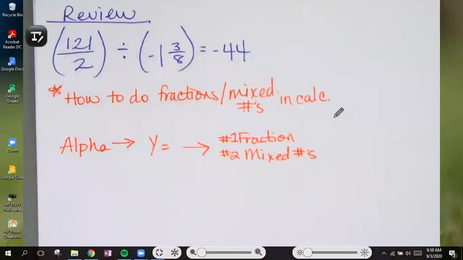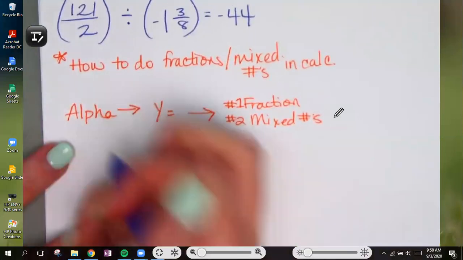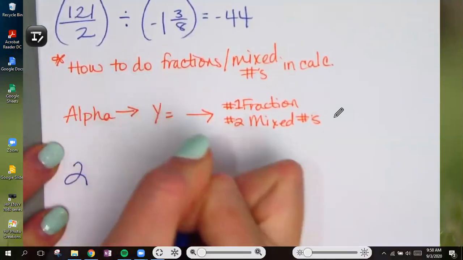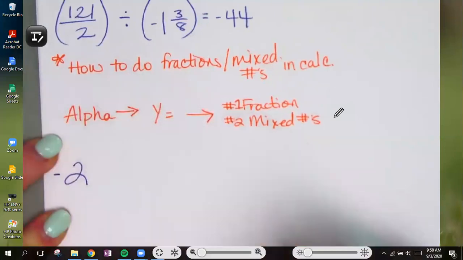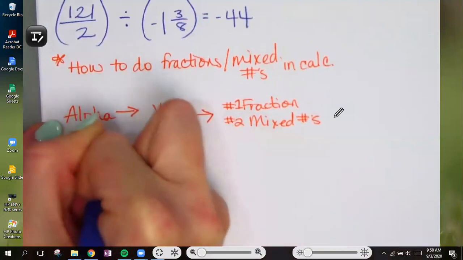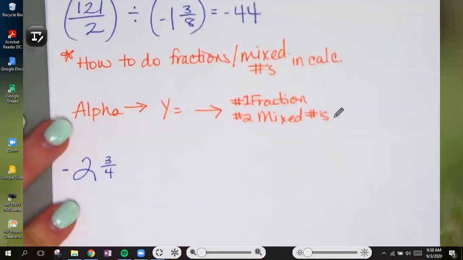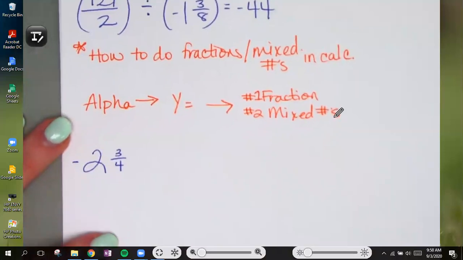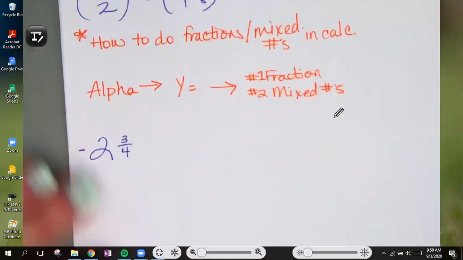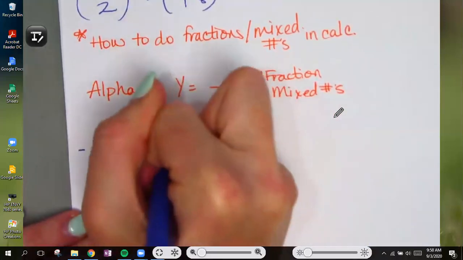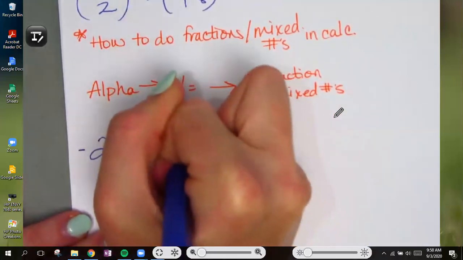Okay, so I'm going to give y'all another problem that you can practice. Okay, we're going to do -2 and 3/4. Justice, are you writing this down? Justice? -2 and 3/4 plus 1 and 2/3.